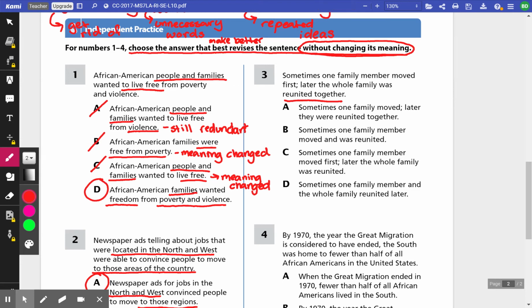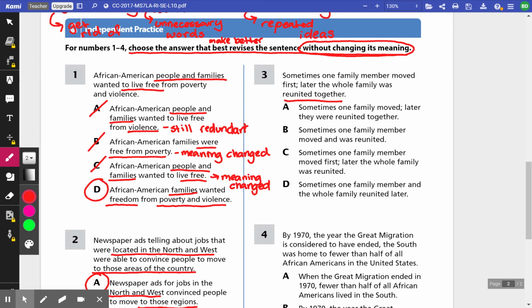So it also says, "Sometimes one family member moved first. Later, the whole family was reunited together." So it's possible we could do some different wording with that, but we need to look at our answer choices before we can decide what we should do about that, if we should do anything. So let's go ahead and look at answer choice A. It says, "Sometimes one family moved.